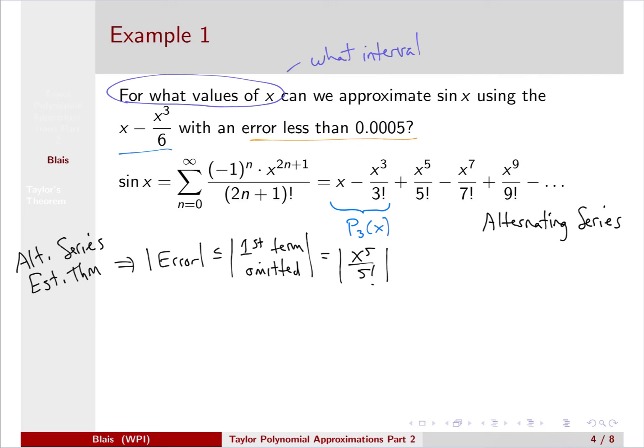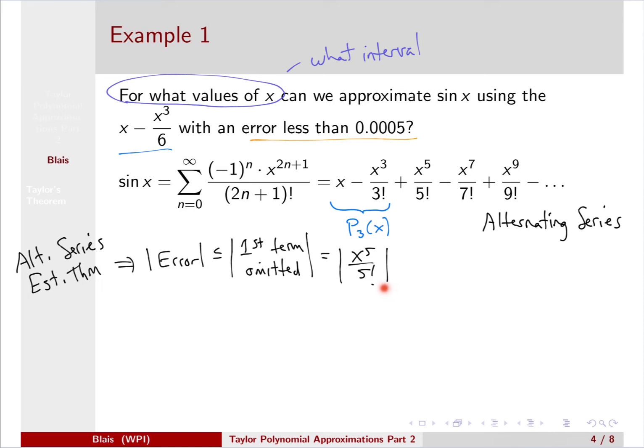Okay, let's think about our goal. Our goal is to know what are the values of x that we can use this approximation for sine of x and get an error smaller than 0.0005. Well, think about this theorem. The theorem gives us that the error is less than or equal to this first omitted term, in absolute value.